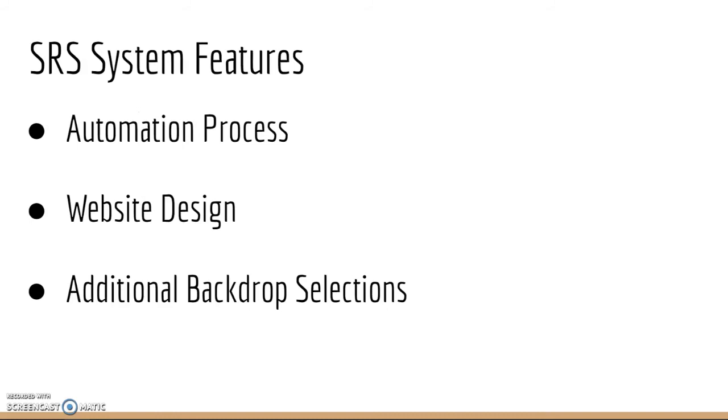System features. So the automation process will be as followed. When a client enters their information, such as name, address, contact, phone number, and stuff like that, it'll automatically be logged into the client data spreadsheet. When a client selects the type of colors or quantity they want for their balloons, the inventory spreadsheet will be adjusted and account for all product availability.